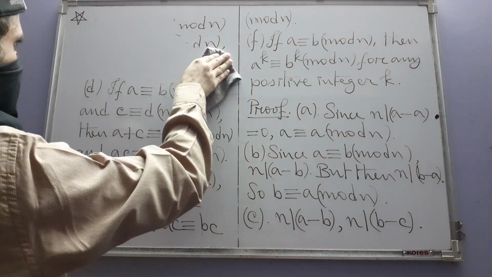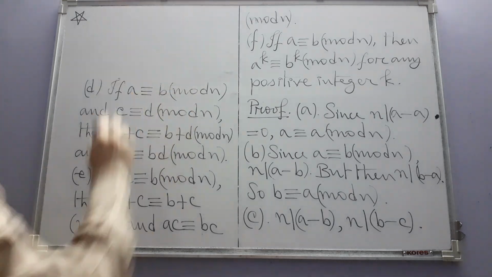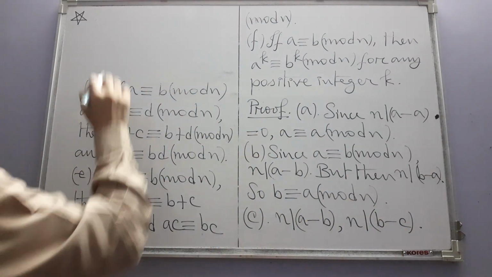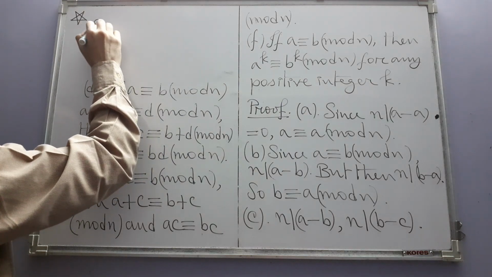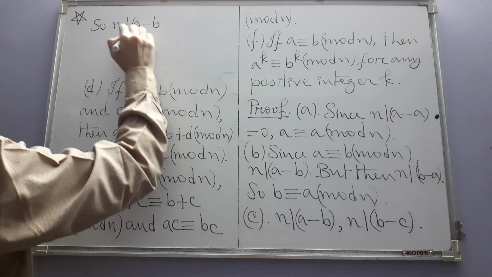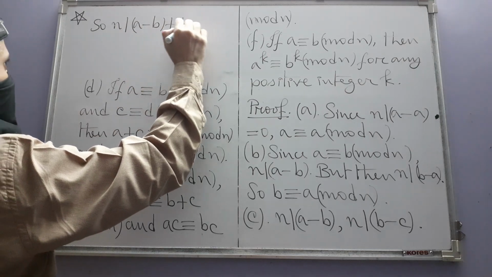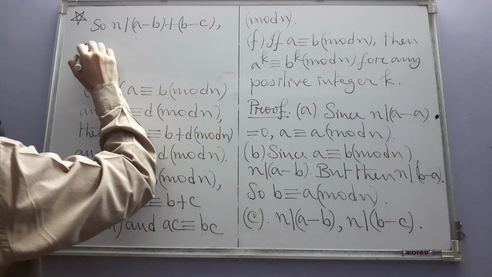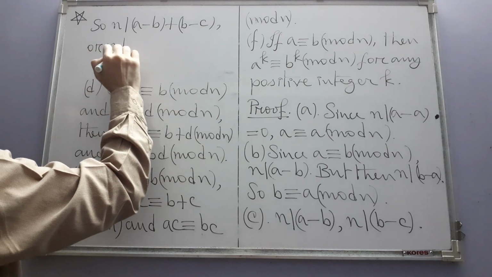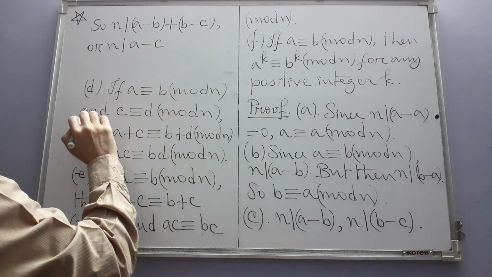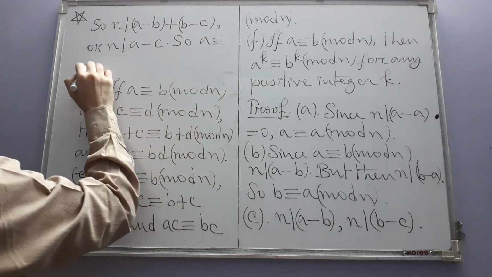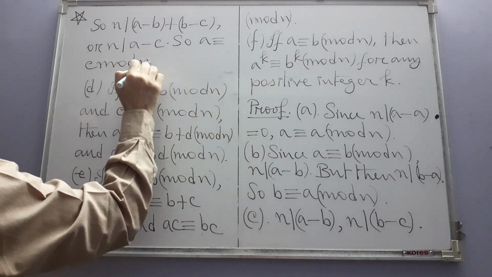But then by properties of divisibility, n will divide the sum of these two numbers as well. That is, let me at least write so. So n divides A minus B plus B minus C. Because minus B and plus B cancel out, we are left with A minus C. So A is congruent to C mod n.